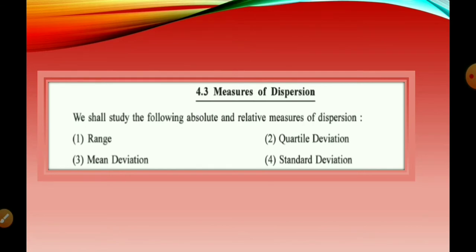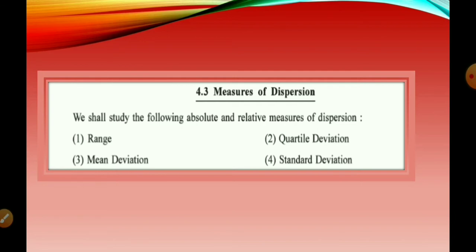We will study these 4 measures of dispersion in this chapter, both their absolute measure as well as relative measure. That means for range we will study first the absolute measure and then the relative measure, then the same for quartile deviation, then mean deviation, and the last will be the standard deviation.